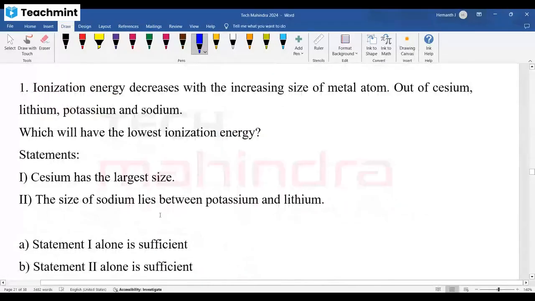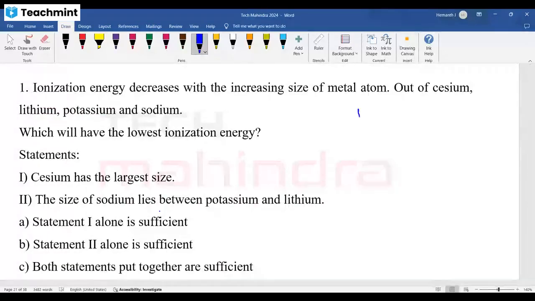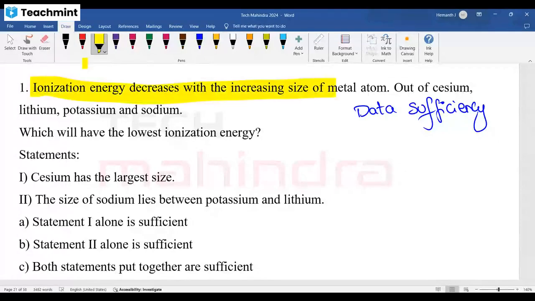Again, you want to know data sufficiency, I said, right? We discussed two questions already. This is also data sufficiency related. Lowest ionization energy. In the question they have given that ionization energy decreases with increasing size. So ionization energy is inversely proportional to the size.